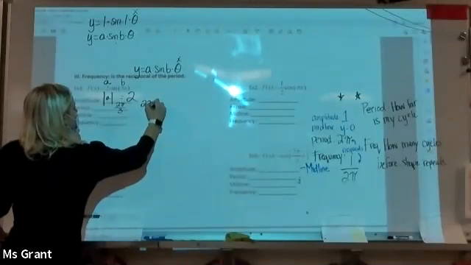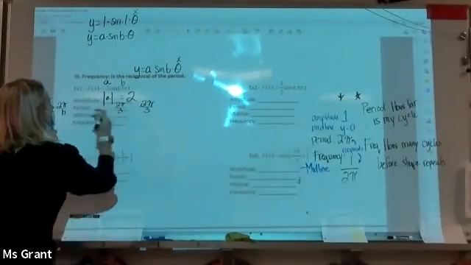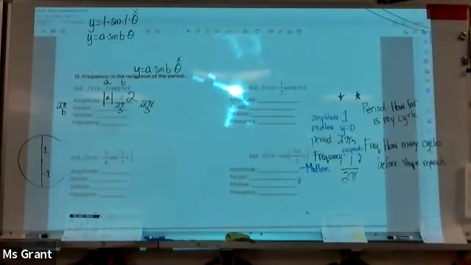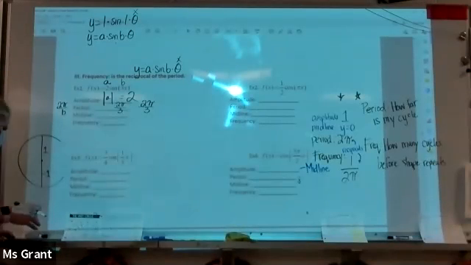I'll write it bigger. My period is 2 pi over 3. So this graph looks a little different. My midline is still going to be at the middle, y equals 0.